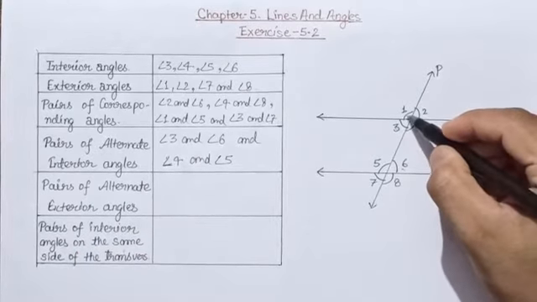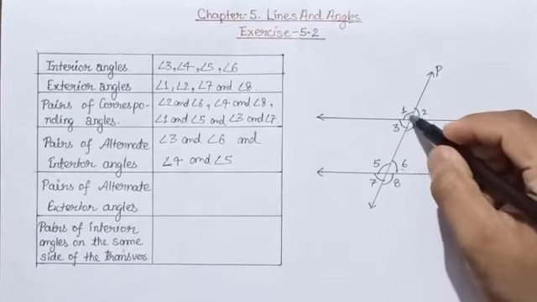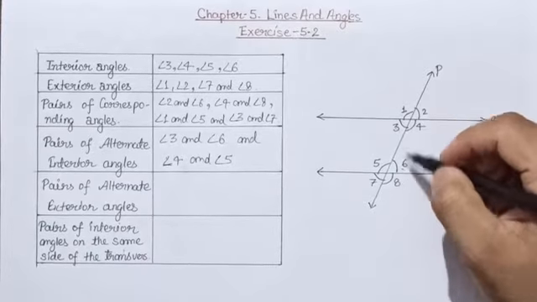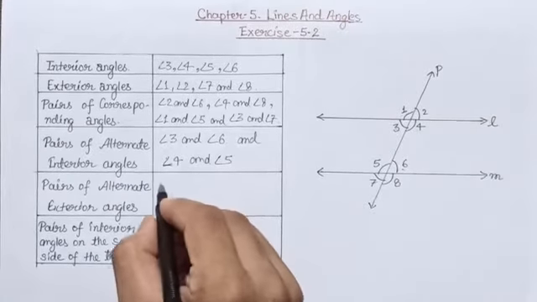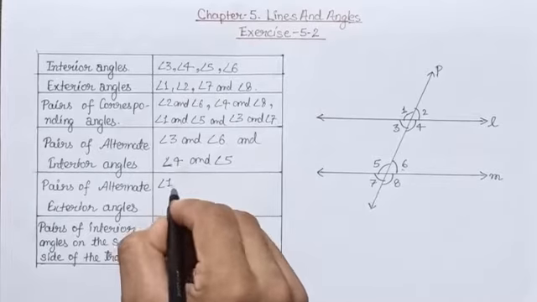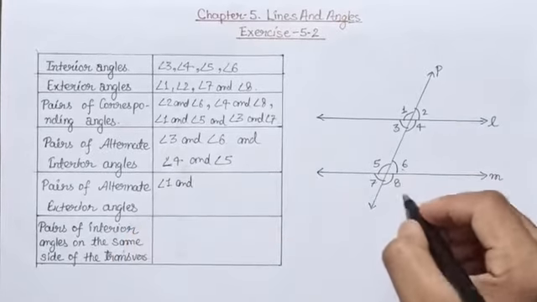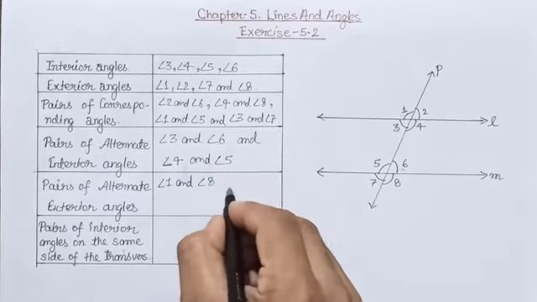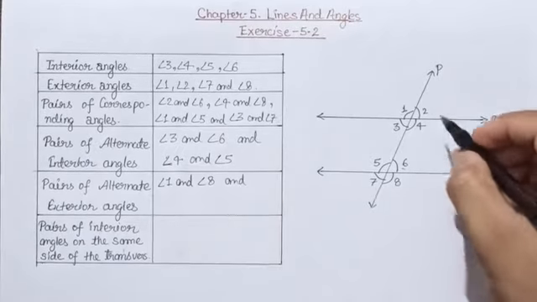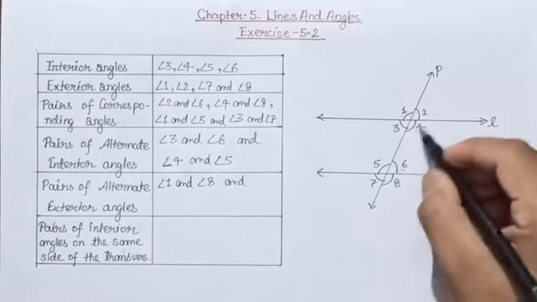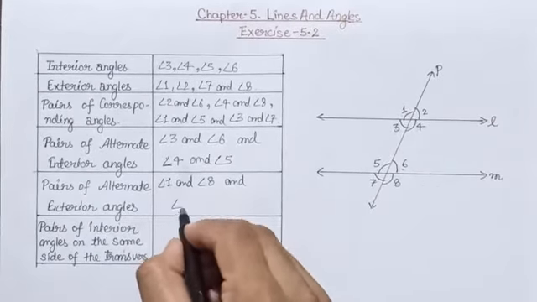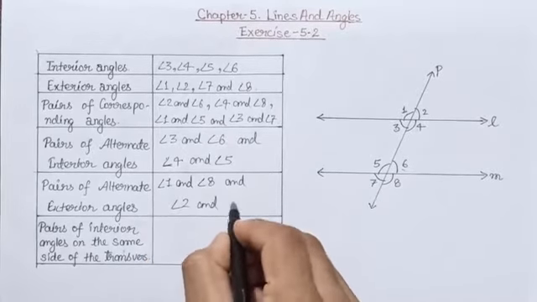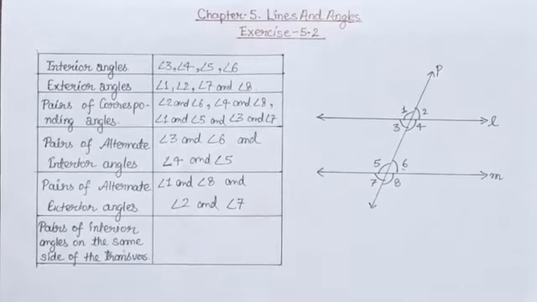So you can see that angle 1 and angle 8 is one pair of alternate exterior angles, and there is one more pair, that is angle 2 and angle 7.